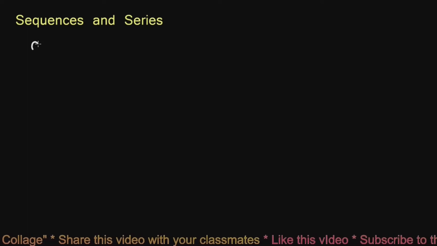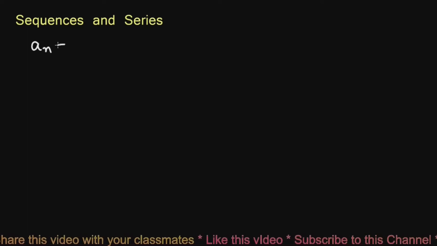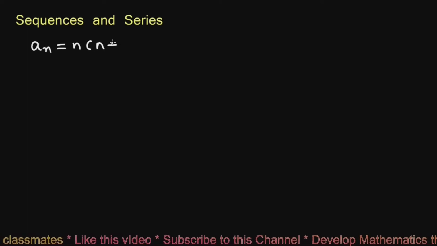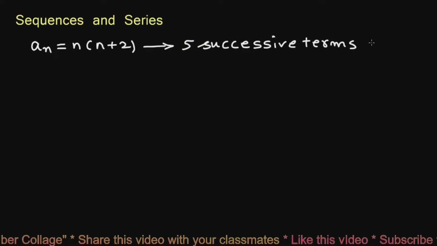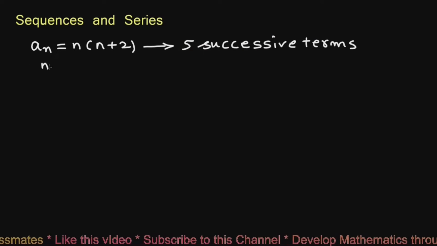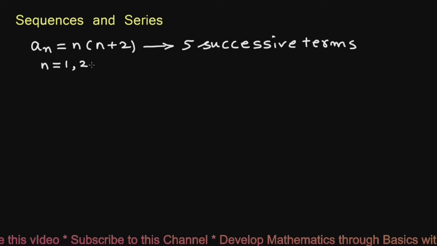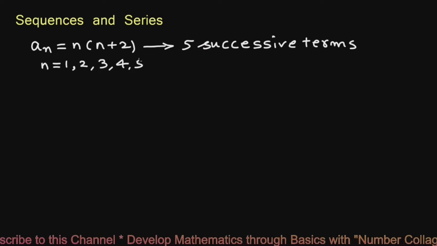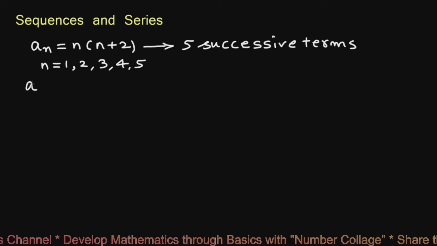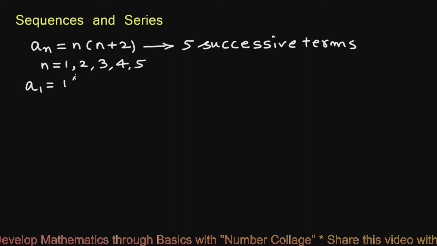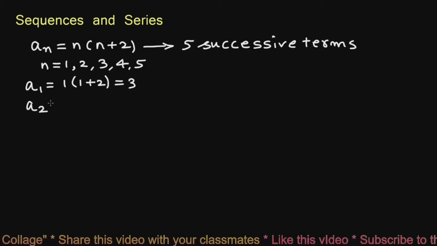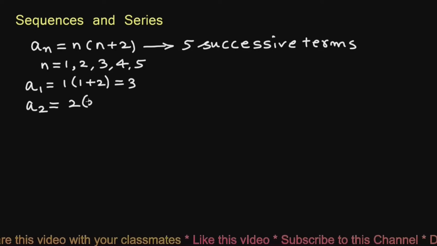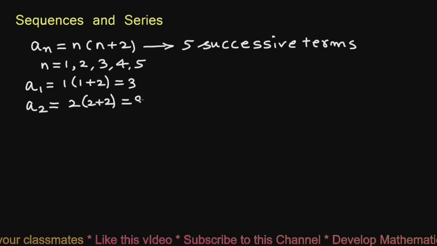If the nth term of a sequence an is n into n plus 2, then we have to find 5 successive terms of this sequence. Here we will put n equals 1, 2, 3, 4 and 5. The first term a1 will be 1 into 1 plus 2, that will be 3. Second term a2 will be 2 into 2 plus 2, 4 2s are 8.